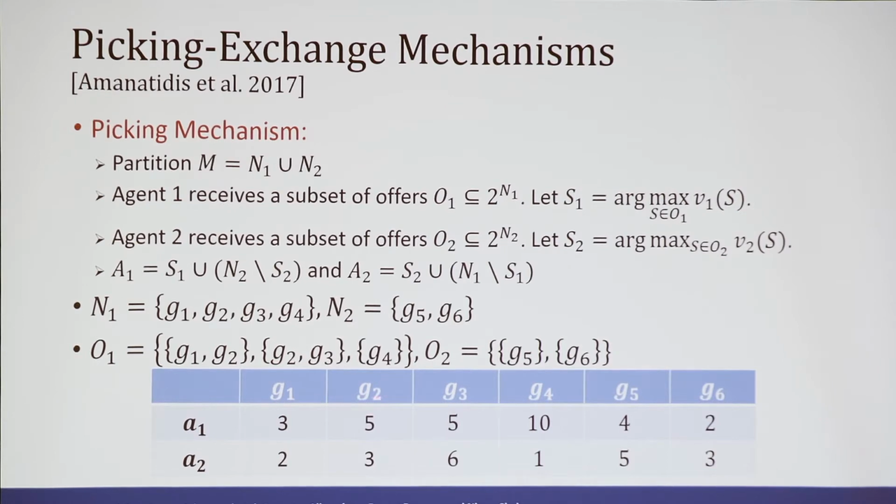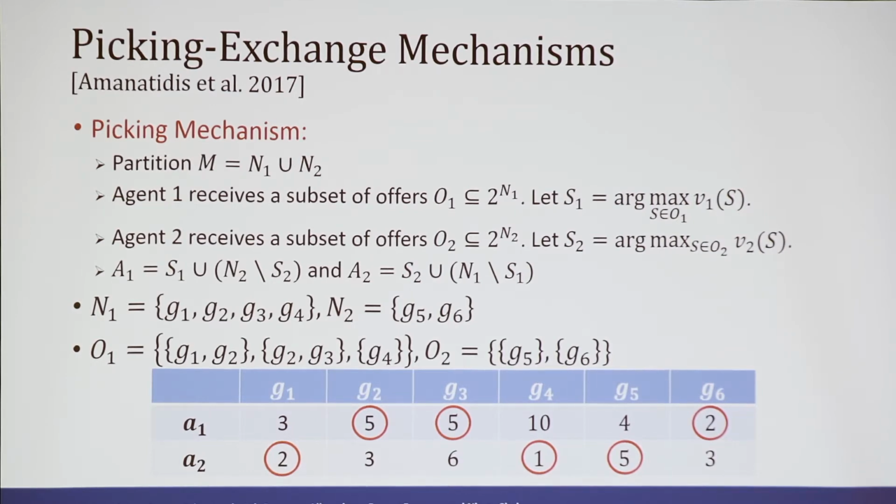Suppose we break the tie in favor of G2 and G3. So agent 1 chooses those, and the rest of these goods from set N1 go to agent 2. Then we do the same thing with agent 2 and the set N2 and the offers they received. Would you, as agent 2, rather receive G5 or G6? Agent 2 says they'd rather receive good 5, and good 6 goes to agent 1.